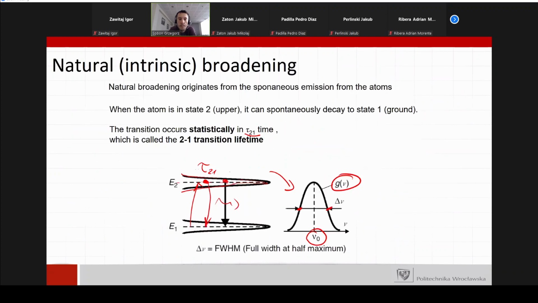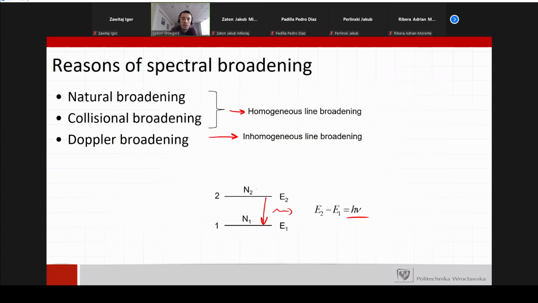at the beginning, the Doppler broadening is inhomogeneous. Why is it inhomogeneous? Because each atom has its own velocity and its own direction, right?